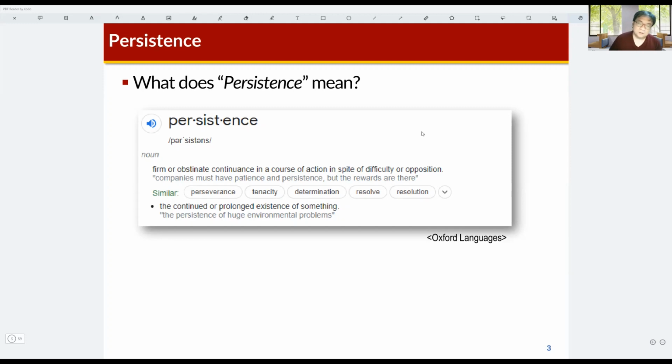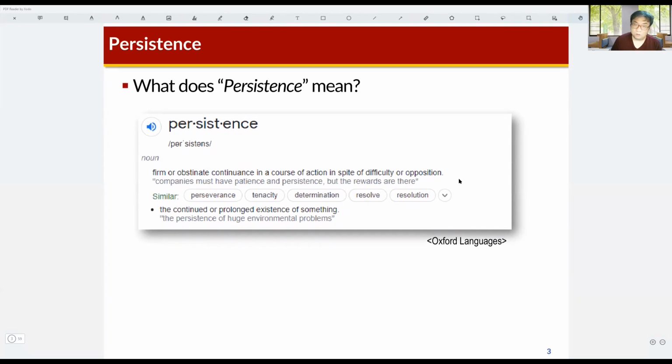If we search the meaning of the terminology persistence in Google, then you can find the definition like this. Google used the Oxford Languages dictionary, so this is the definition by Oxford Languages.